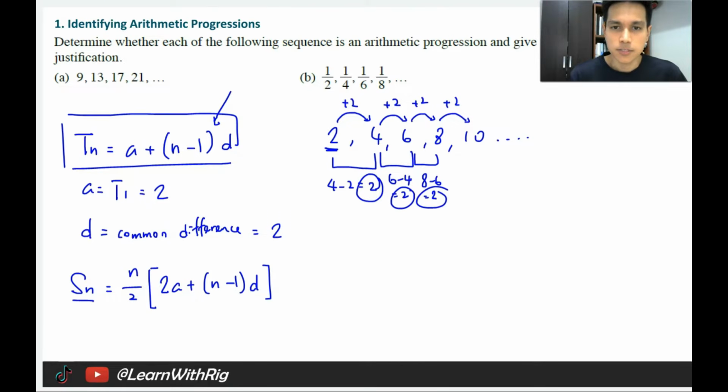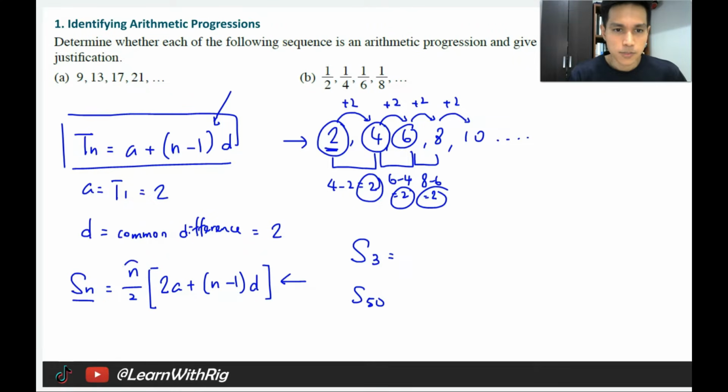So for example, if I say, can you find for me the sum of 3 terms in this sequence? So you take 2 plus 4 plus 6, correct? But if I ask you to find the sum of 50 terms, are you going to add one by one, 2 plus 4 plus 6 plus 8 plus 10 and count all the way until 50? No, you're not going to do that. So you use this formula.